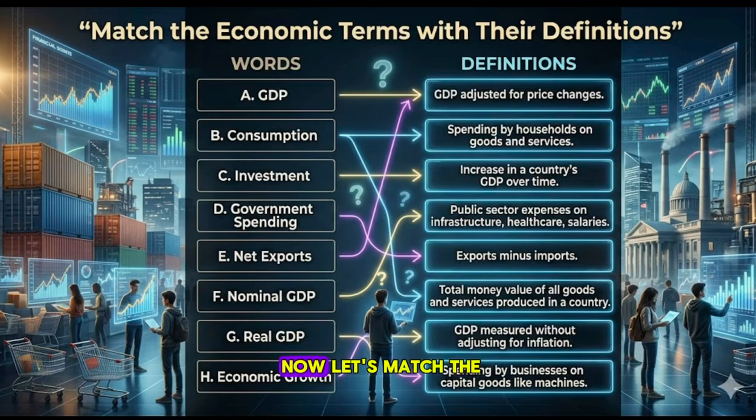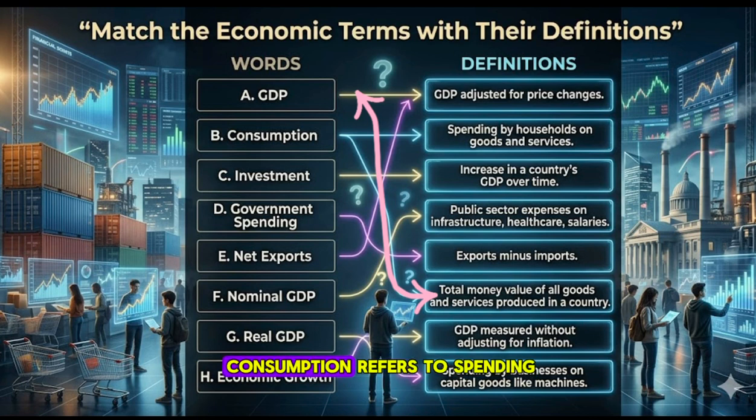Alright, everyone, now let's match the economic terms with their correct definitions. So GDP means the total money value of all goods and services produced in a country.